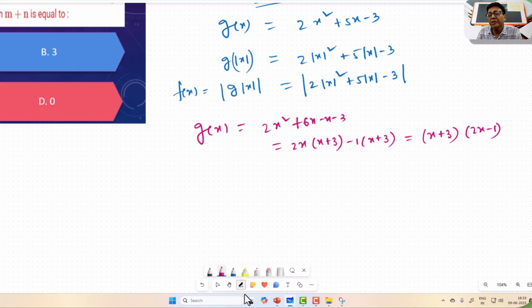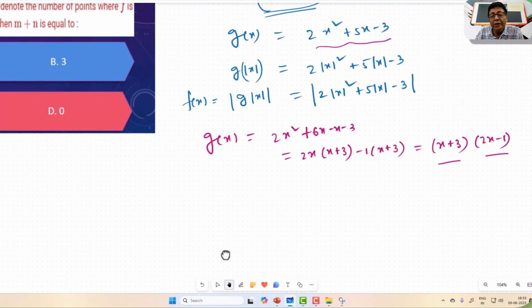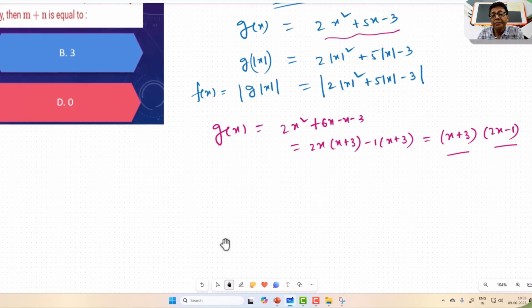So the zeros of this quadratic function, which is going to represent a parabola, are minus 3 and 1 by 2, and the x square coefficient is positive. So the graph is going to open upward. Okay, so the zeros are minus 3 and 1 by 2.